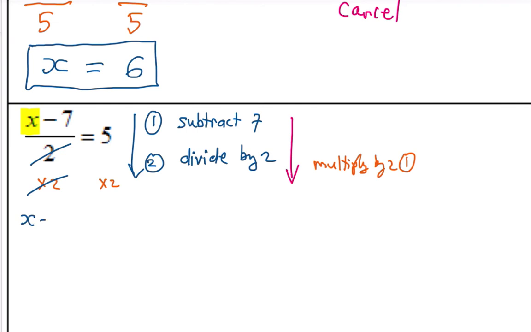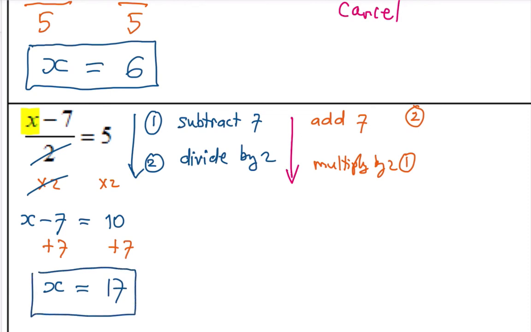So we have only x minus 7 on the left hand side, and on the right hand side 5 times 2 is 10. And then cancelling the next one, subtract by 7, we cancel that by adding 7. So we will add 7 on both sides. And this way we end up with the answer x equals 10 plus 7, which is 17.